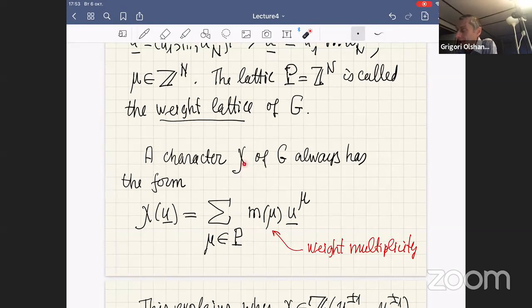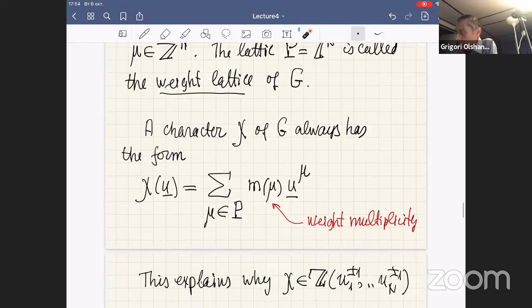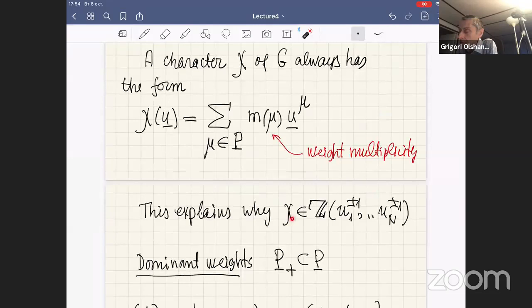In any component we have some character of a torus, but there are in principle some multiplicities, which by the very definition are non-negative integers. So we have this formula, and this explains why our series has integral coefficients.